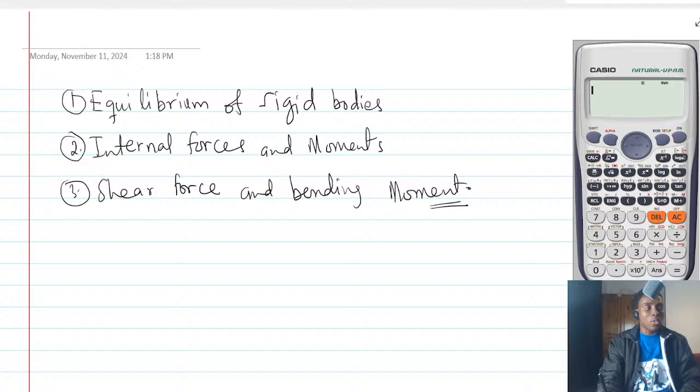So we are going to begin with equilibrium of rigid bodies.